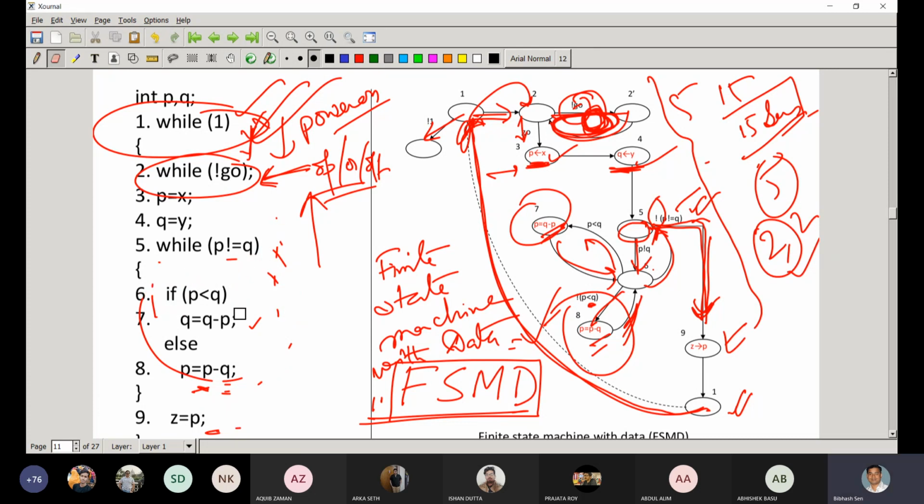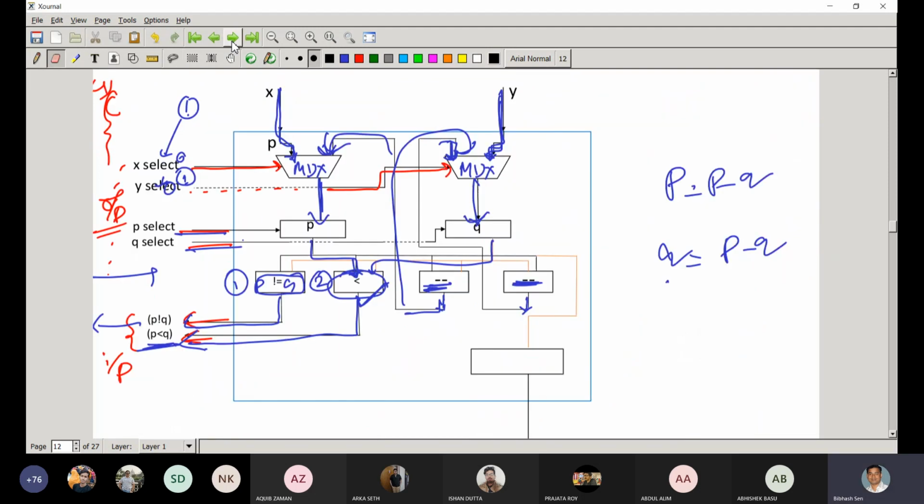So see, if P less than Q is true, then this will happen. If P less than Q, what will happen? Your next step, this will happen. Then this update will take place. Q equals this if P less than Q, otherwise this one.